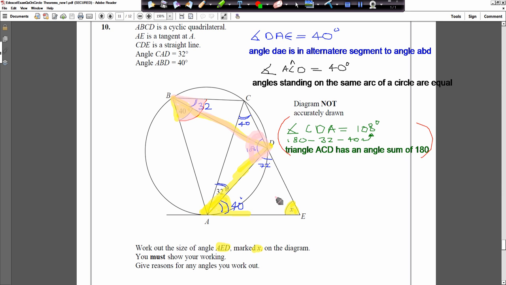We've got to now work out the 72 angle. Okay, let's go to red. So we say angle ADE is equal to 72. Why is it equal to 72? Somebody give me a reason why it's equal to 72.